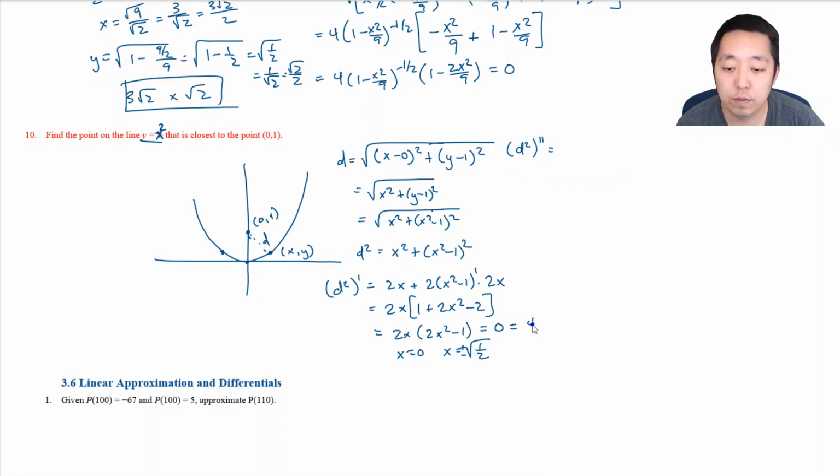It's going to be 4x cubed minus 2x if I distribute all that. So the second derivative here is going to be 12x squared minus 2. Okay, and so at x equals 0, it's concave down.